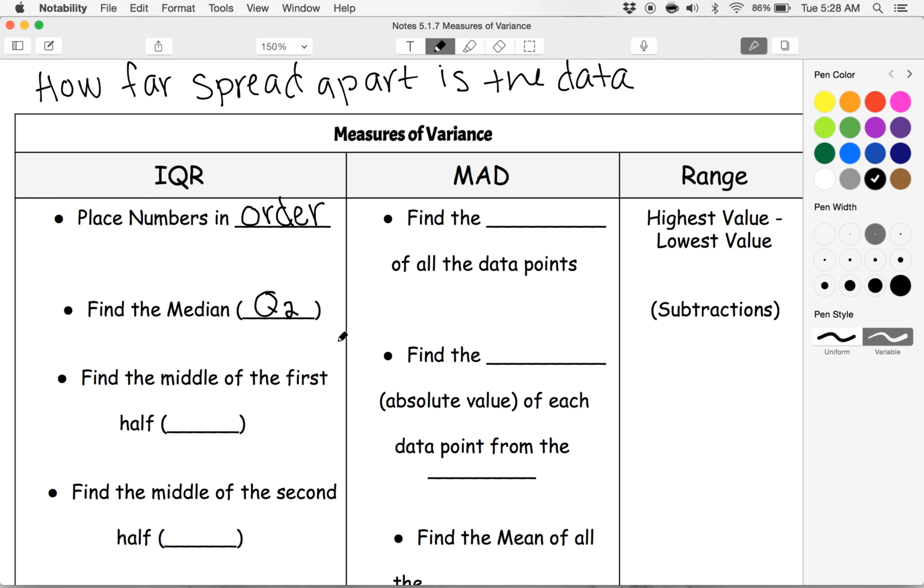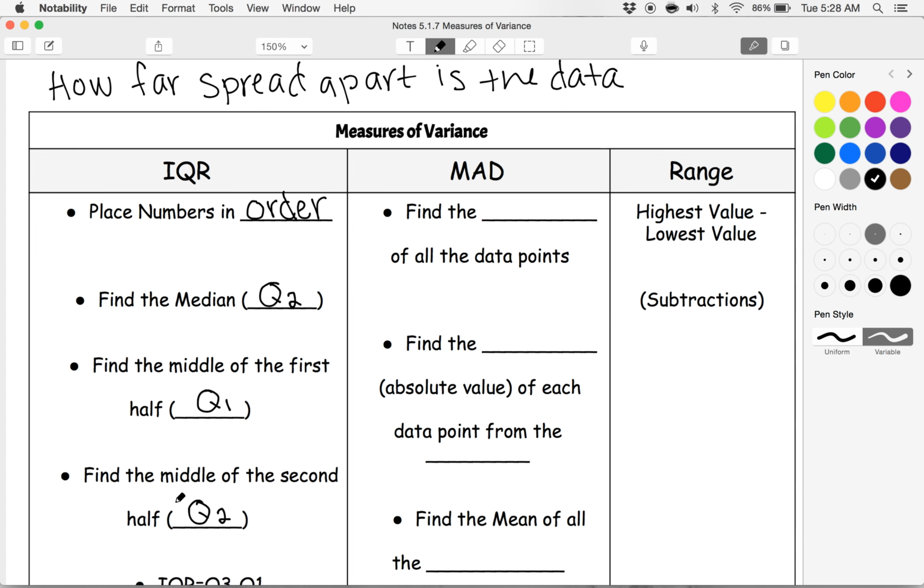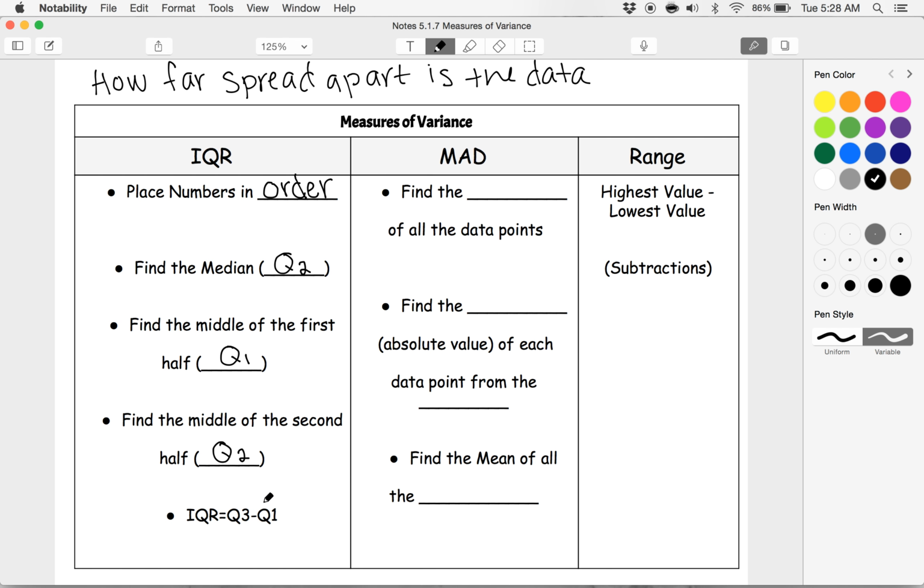Then I find the middle of the first half, which we call quartile 1. Then we'll find the middle of the second half, which we call quartile 3. And then the last thing for IQR is we take quartile 3 and we subtract quartile 1. If you want to put subtract in there to help you remember, go for it.